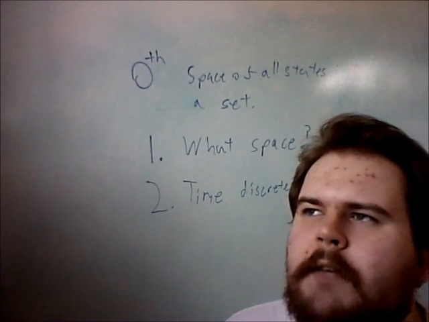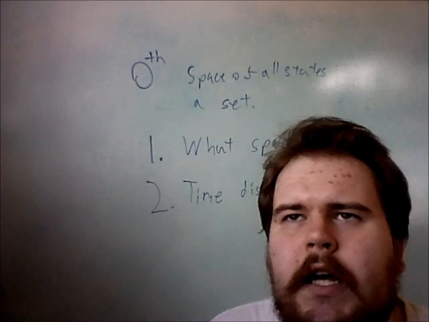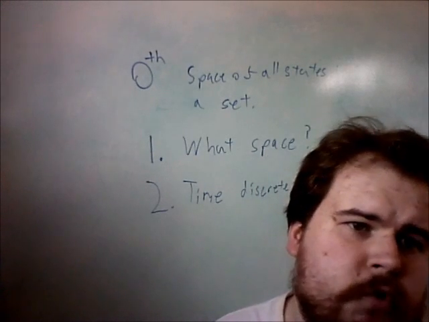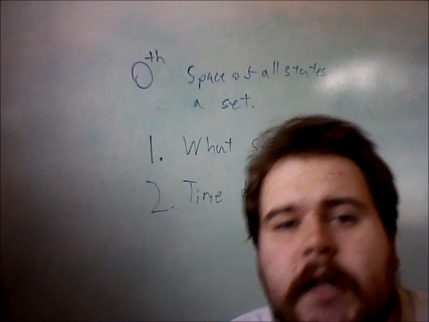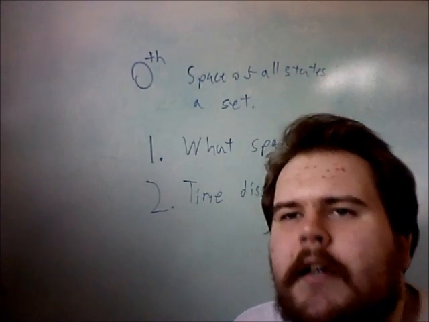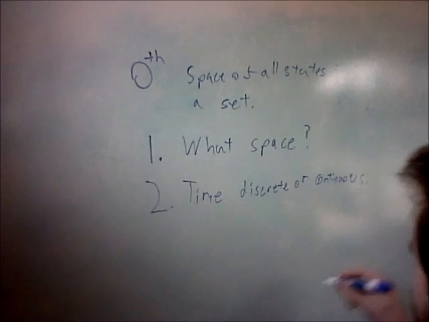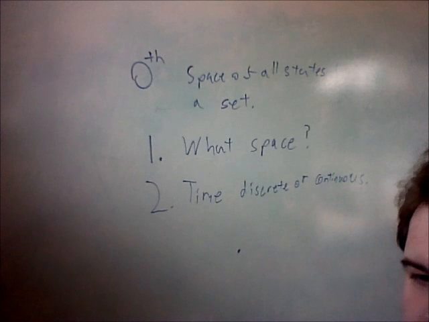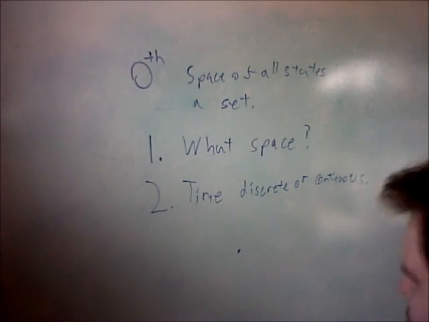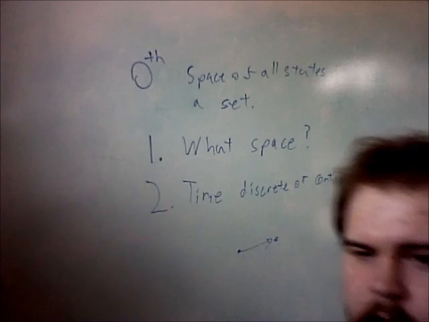So it could be, it usually is, something like the integers. It could be the rational numbers, it could be the natural numbers. It really doesn't matter. Is it discrete? That is to say, you're in a certain state at this time, and then the very next instant, you're in this state over here.